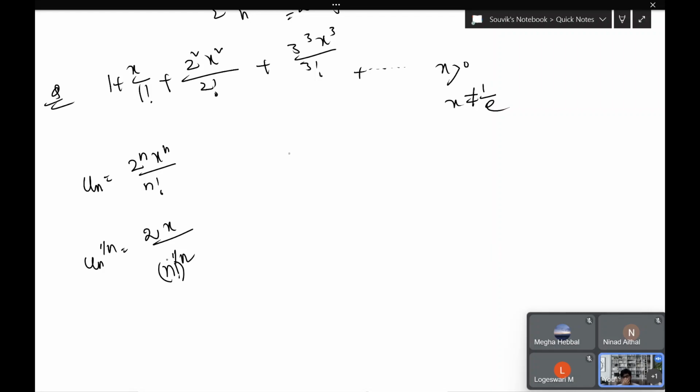Do you know this? I mean, what is the limiting value of n factorial to the power 1 by n? Do you know how to calculate it?